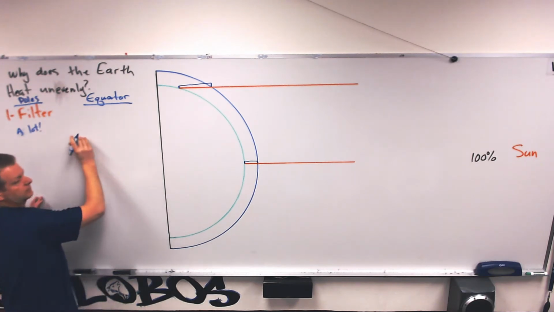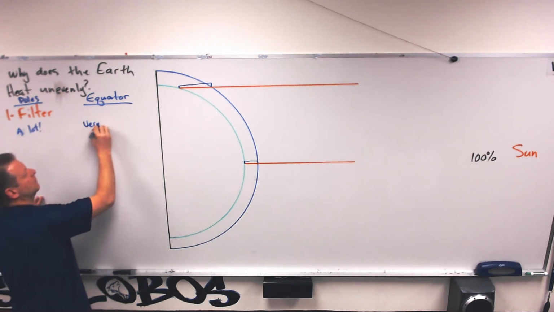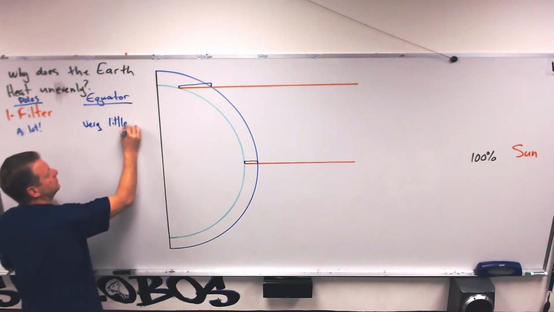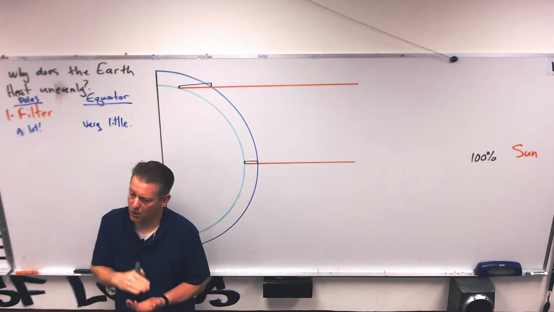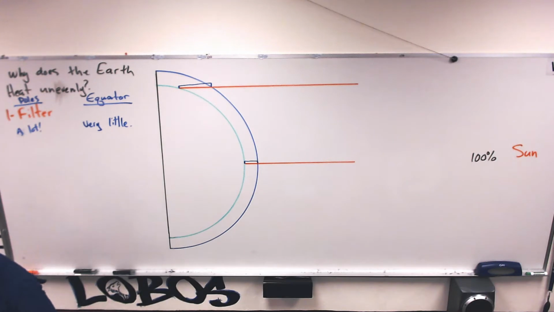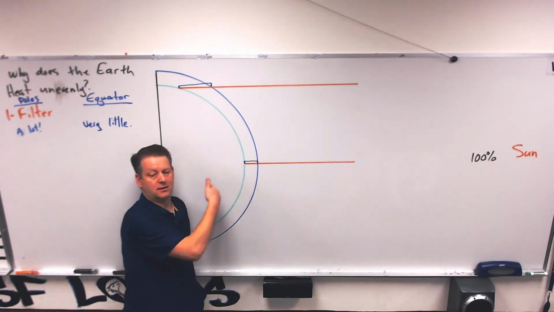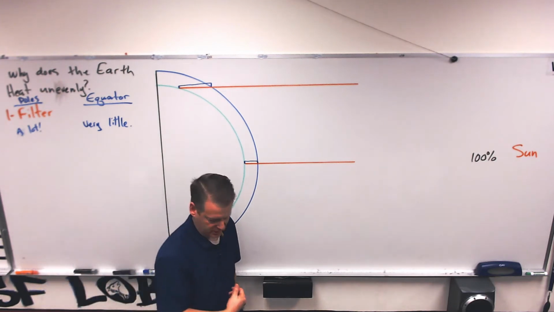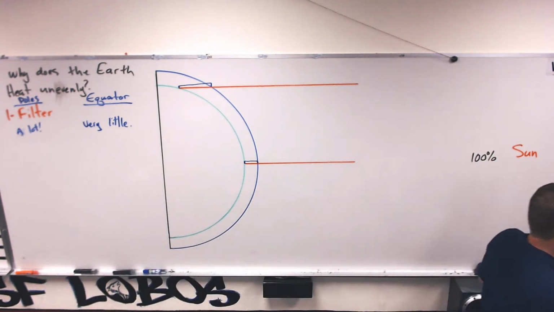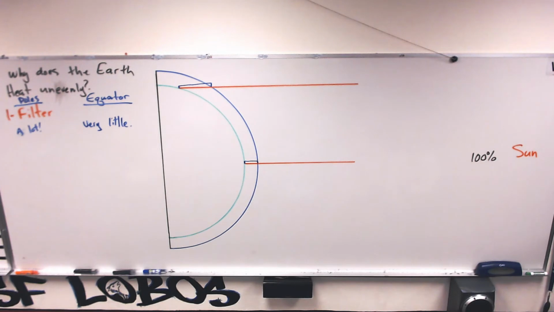Equator, very little. So if there's less filtering going on, then how much energy does the surface of the Earth receive here? A lot more than the poles, okay? A lot more than the poles for sure. By far, there'll be a lot more.